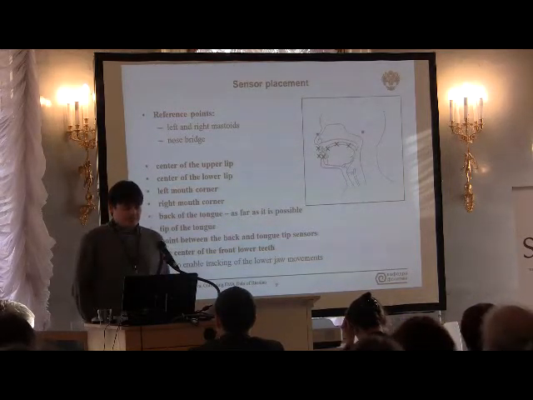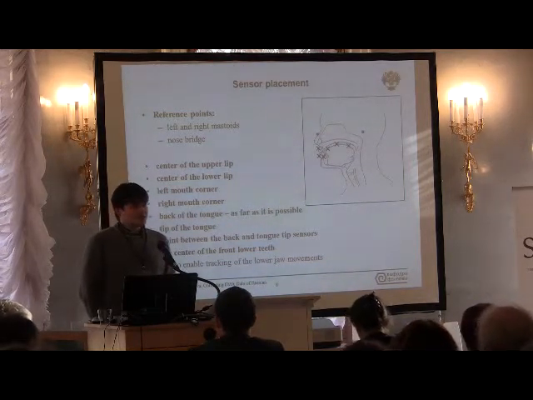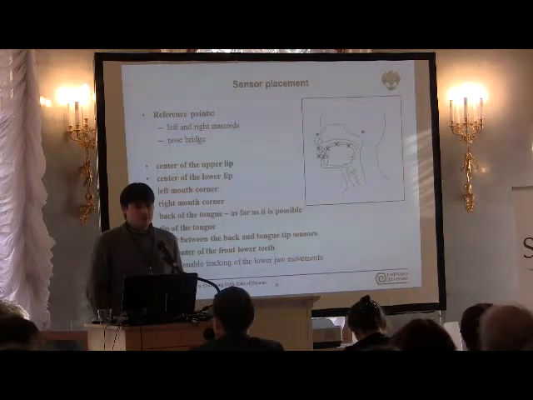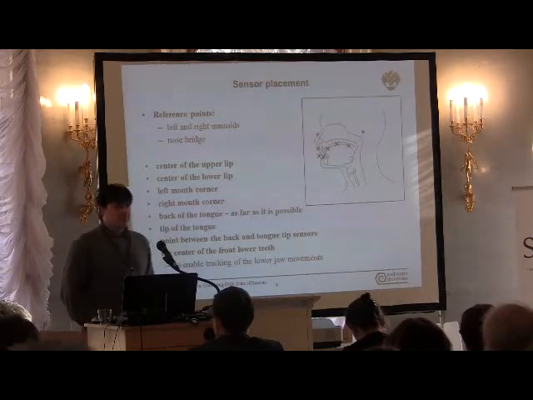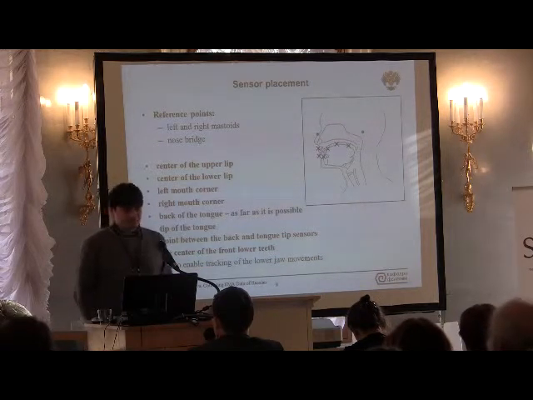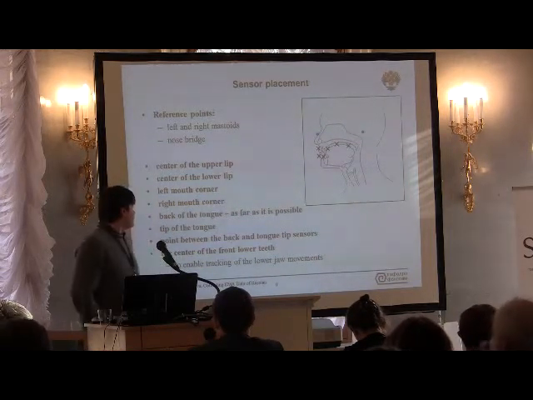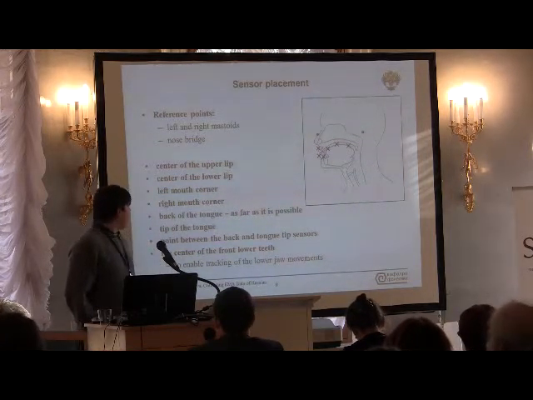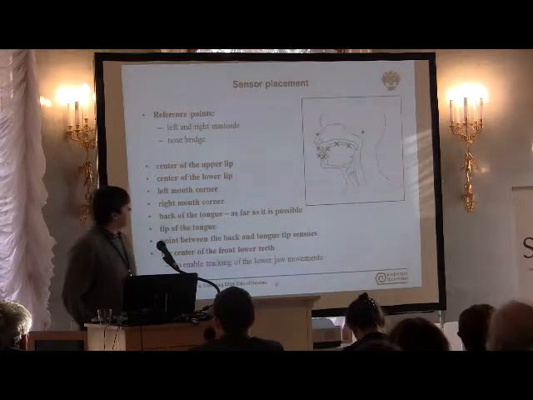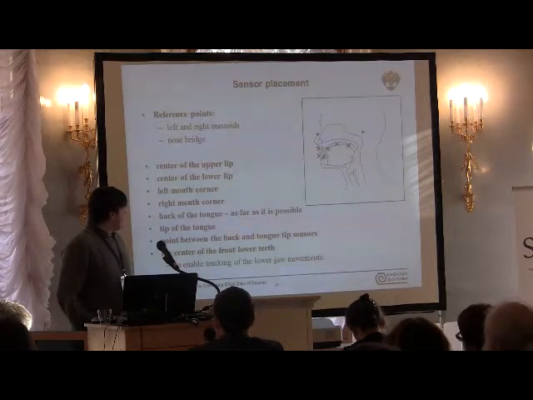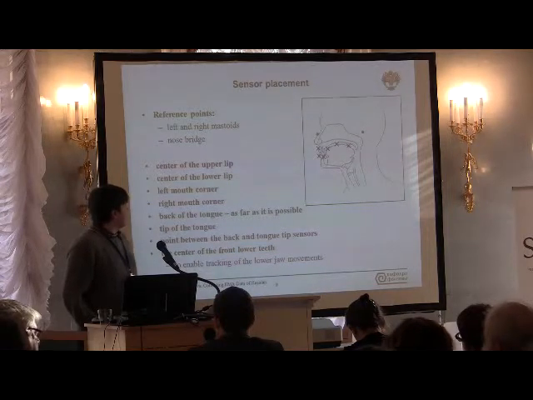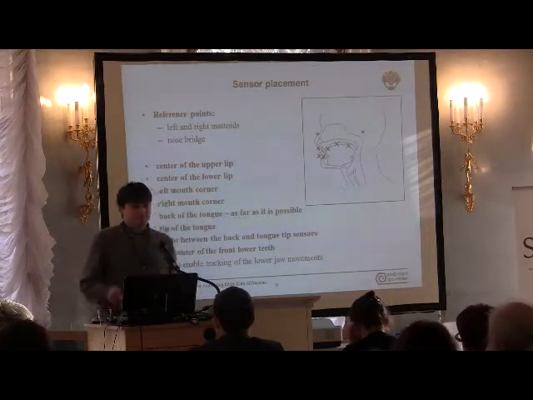We attach a sensor to the tongue tip, and then to a point in the middle of the tongue. And we also attach one sensor to the center of the front lower teeth, so that we can track the lower jaw movements.